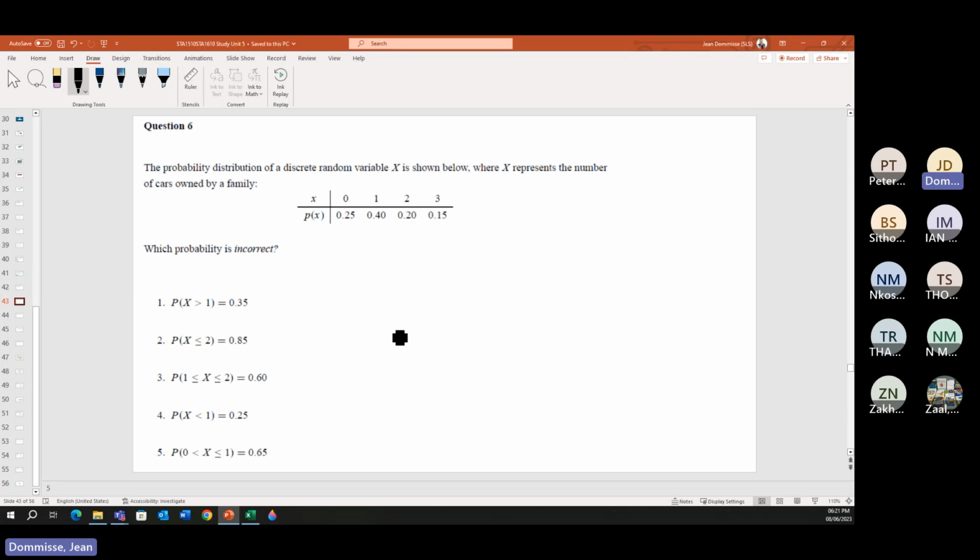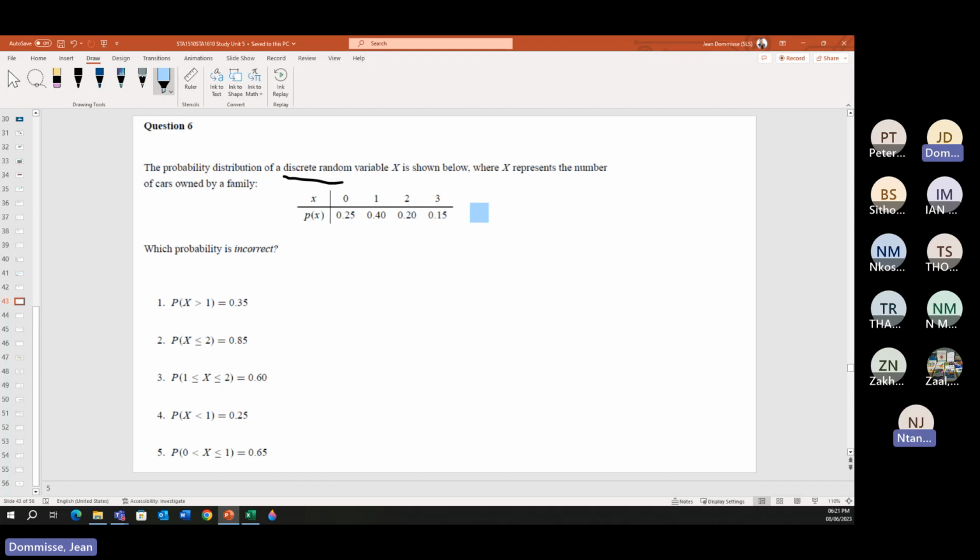Okay, so in the next one, we're still working with a discrete random variable. Within that they give us a set of data, and then for this instance, they ask us a few probabilities, and we need to check which one is incorrect. So let's look at all of them again.